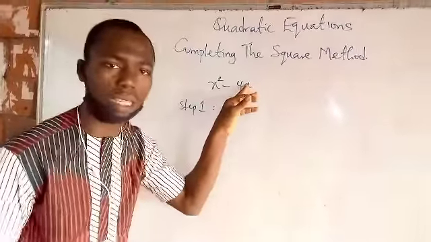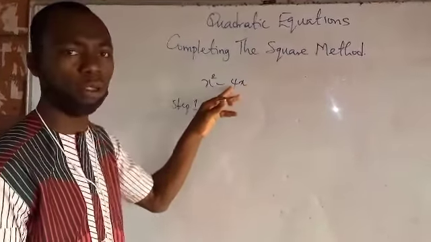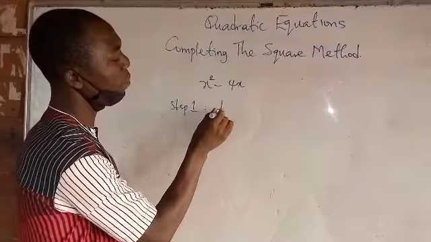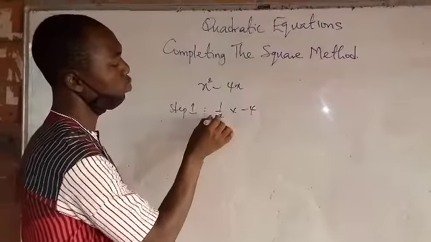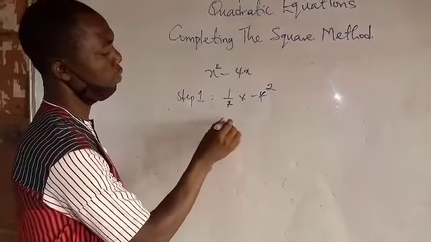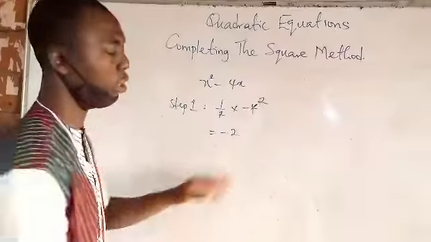The unsquared letter here is x, so the coefficient is minus 4. I will multiply that minus 4 by half. That is 1 times minus 2, which is minus 2. That is the first step.